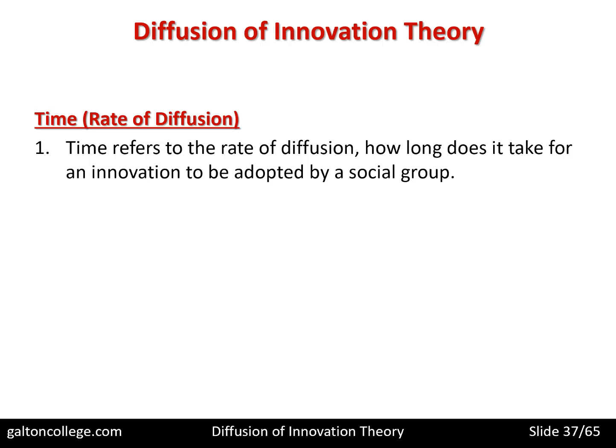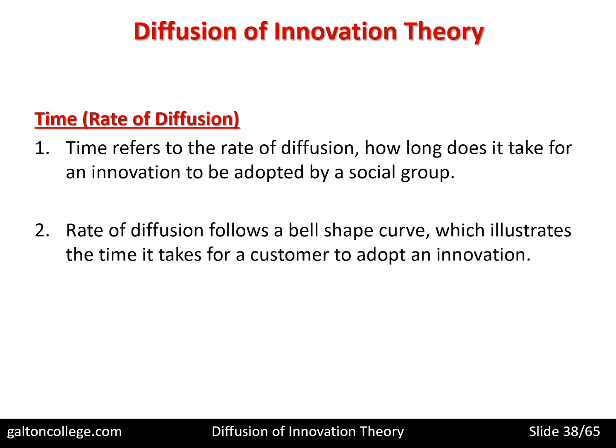But if all of the channels of communication we talked about earlier are working in favor of the innovation, then the diffusion will be very rapid. It's only if those channels of communication are not working in favor of the innovation that will slow it down.